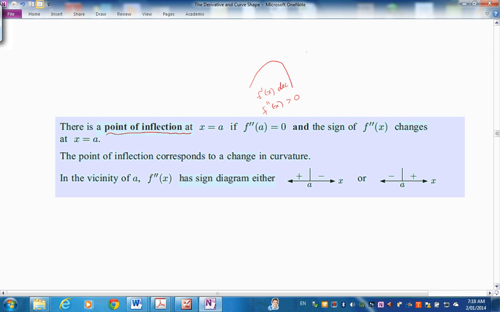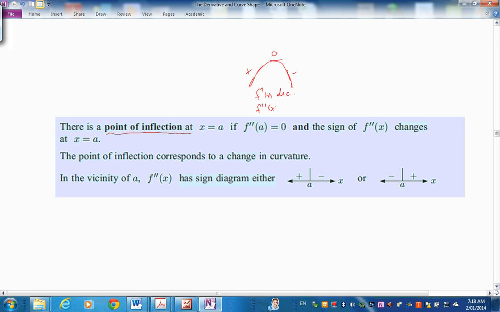Oops, hang on, I just got that round the wrong way there. Let's have a look. I'll just go back and do that again. Here, I'll just put more detail in. So here this is positive to 0 to negative. So f dash x is actually decreasing.